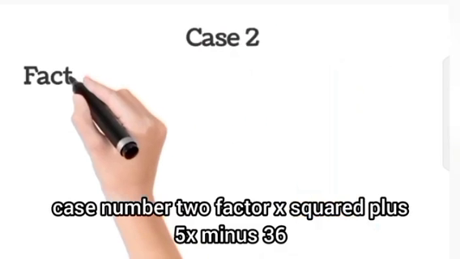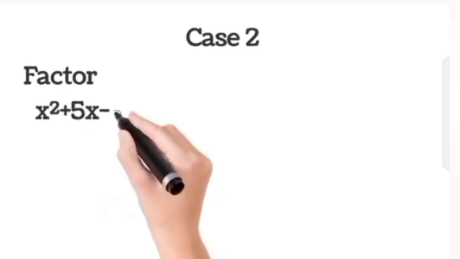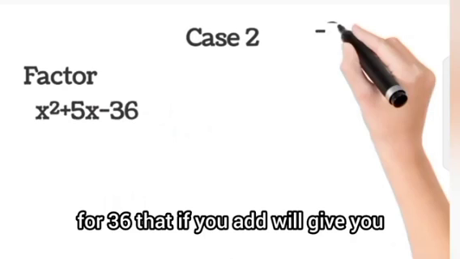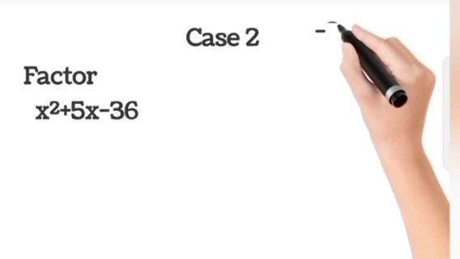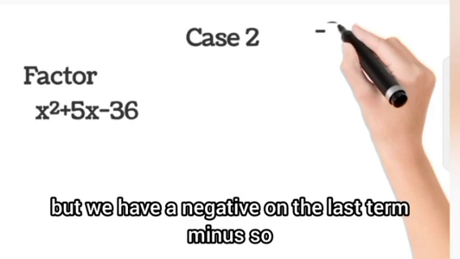Case number 2, factor x² plus 5x minus 36. We're going to look for the factors of 36 that if you add will give you 5, which is a positive. We have a positive in the middle term, but we have a negative on the last term, minus.